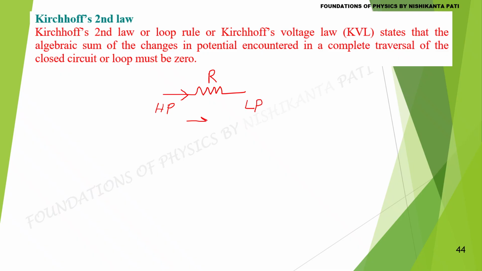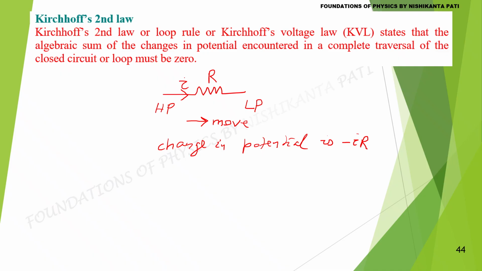If we move this way, traverse means move, if we move in the direction of current, then the change in potential is negative IR. In the opposite direction it is plus IR.